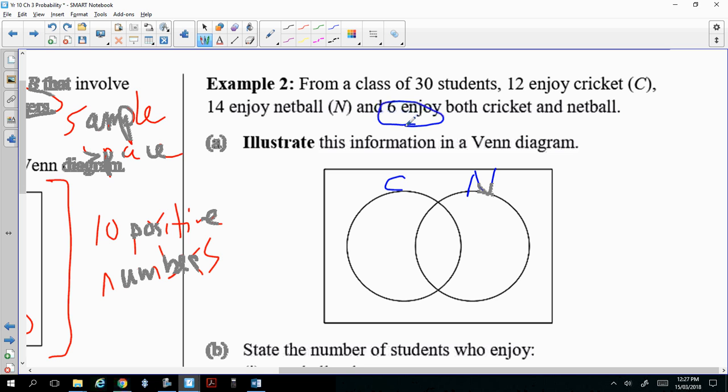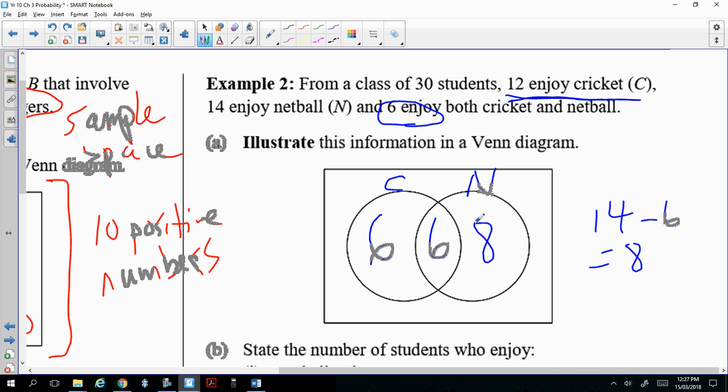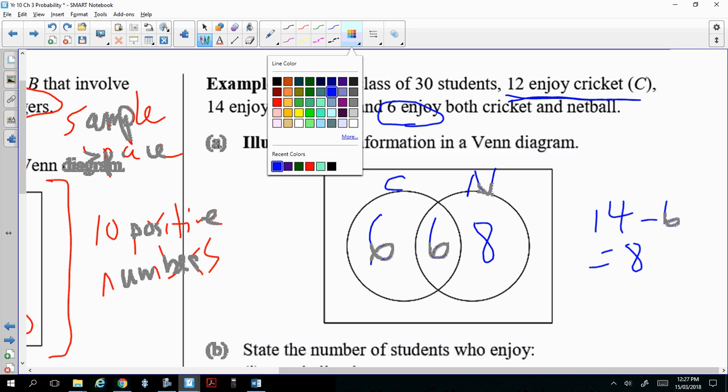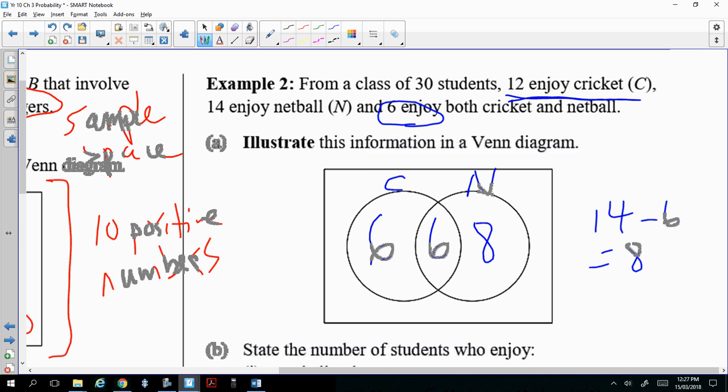6 enjoy both. So how many enjoy cricket only? 6, because 12 minus 6 is 6. How many enjoy netball only? 14 minus 6, which is 8. And then how many don't enjoy either? Yes, 10. So you just go 30 minus 6 minus 6 minus 8, which is 10. So there's 10 here. All right, good. So now we're going to answer the question.